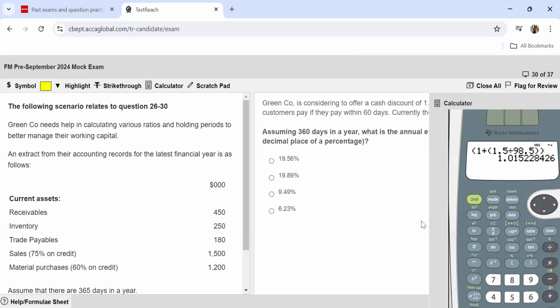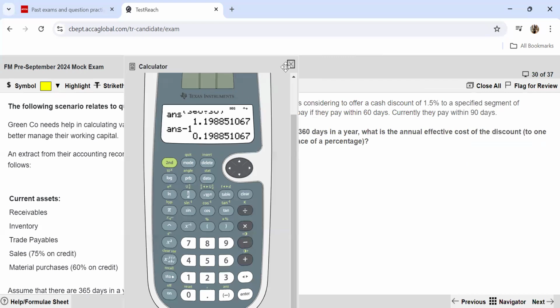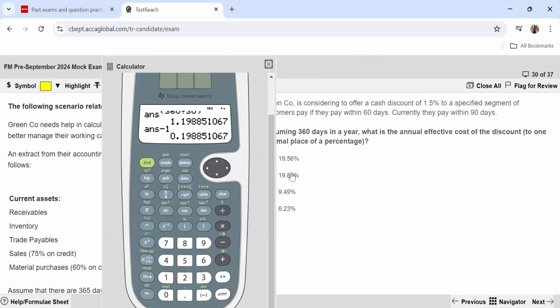And then this whole thing needs to be raised to the power of 360 divided by the days that you're saving. So 360 divided by 30 days that you're saving. And then you have to subtract 1 from this to arrive at the effective cost of the discount. So you have 19.89% as your final answer.